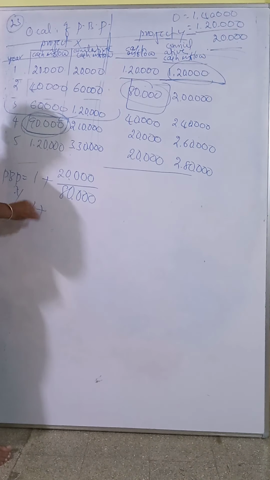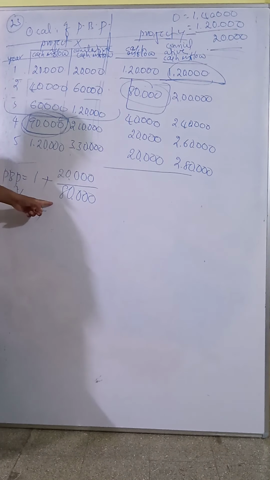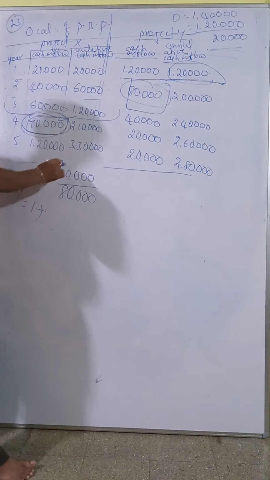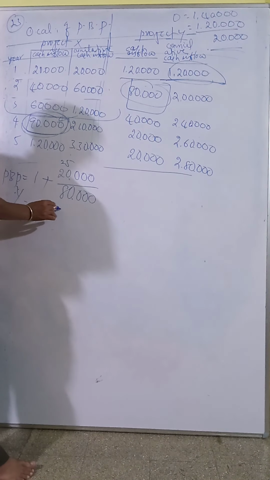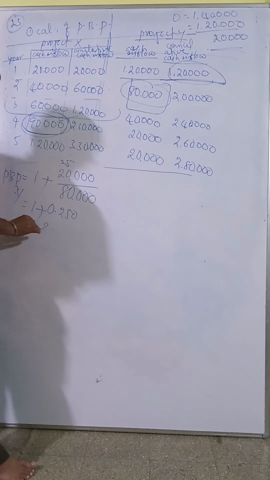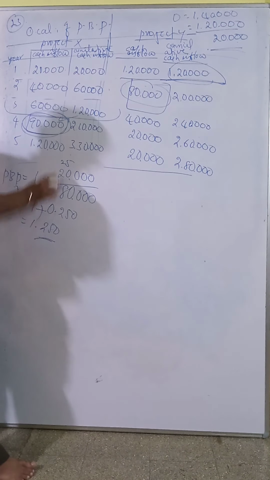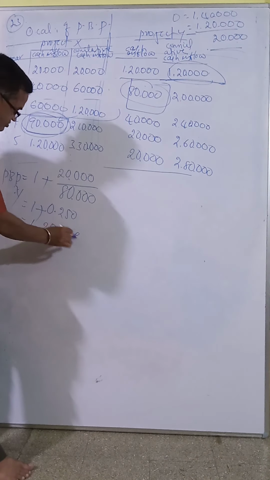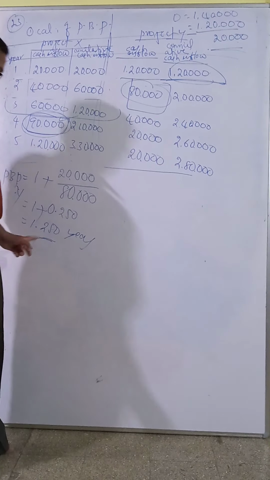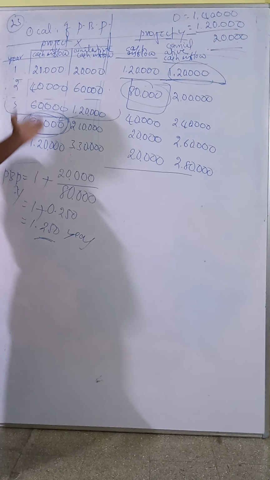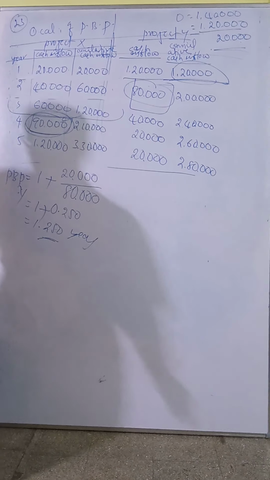So 1 plus 20,000 divided by 80,000, which is 0.25, so 1.250 years. You can take a calculator and calculate it. This is the payback period of project X and project Y.